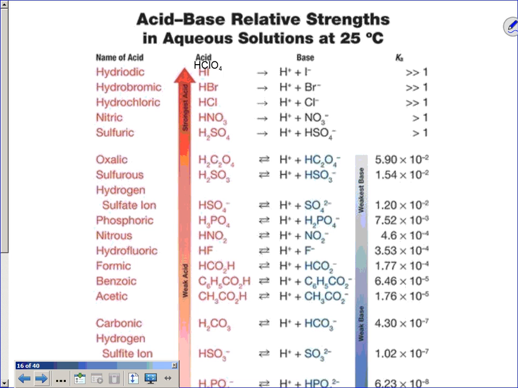All right, so this is a strength chart. This is just from your textbook. As you can see, we know these to be the strong acids: perchloric, iodic, bromic, chloric, nitric, and sulfuric. And we know that they are 100% ionized to their ions. This says Ka, and if you barely remember equilibrium, there's a K value called the equilibrium constant.